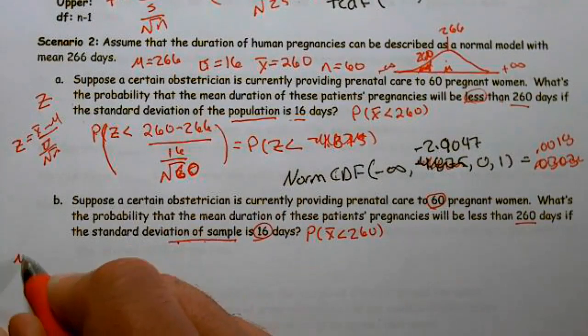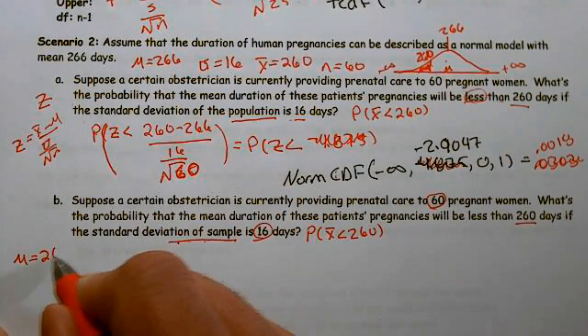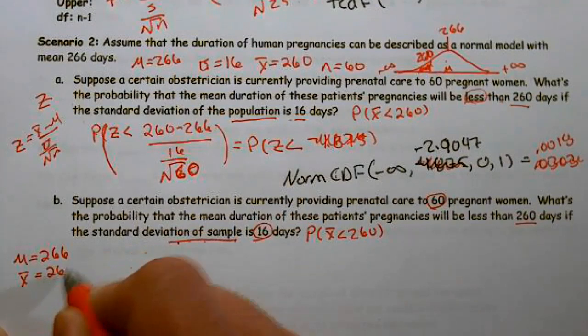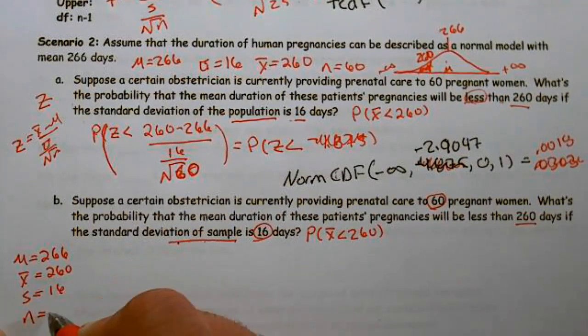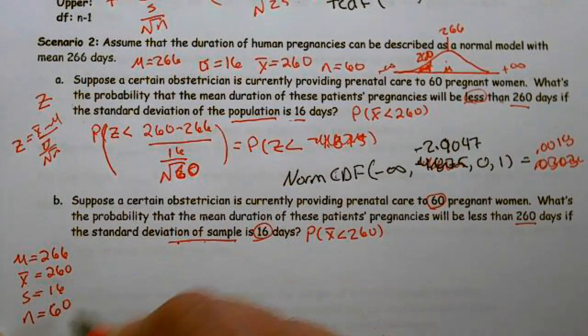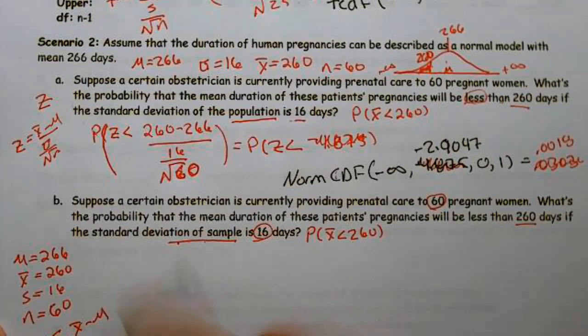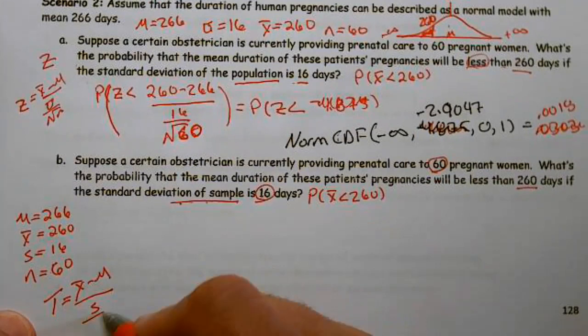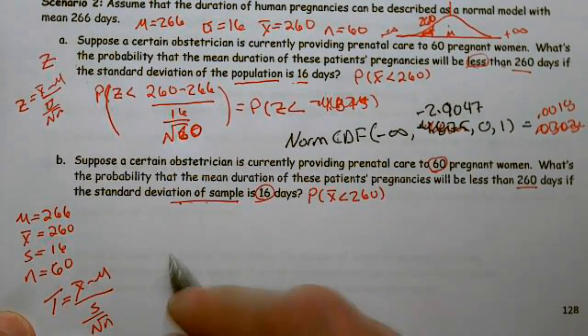We have mu equal to 266. X bar is 260. S is 16. N is 60. And our formula is T equals X bar minus mu, S divided by the square root of N.